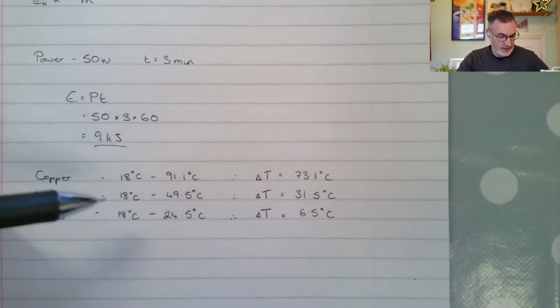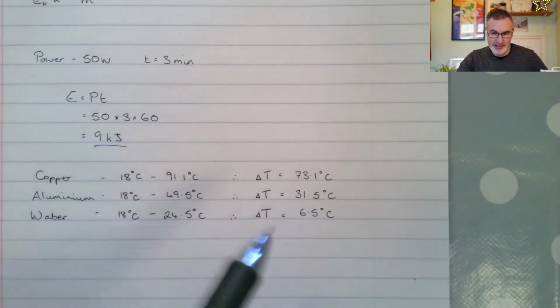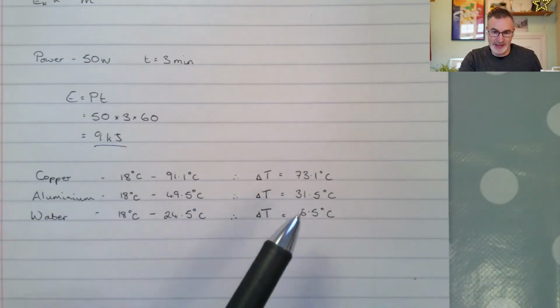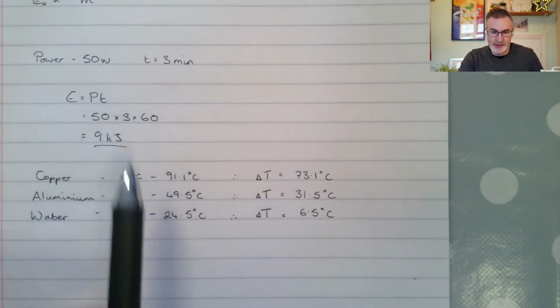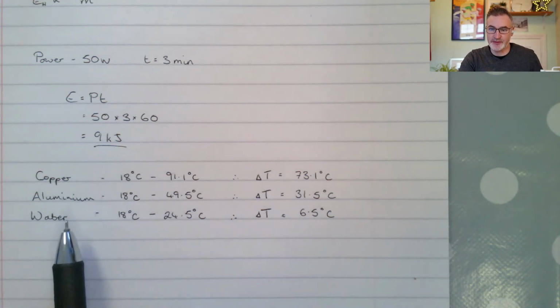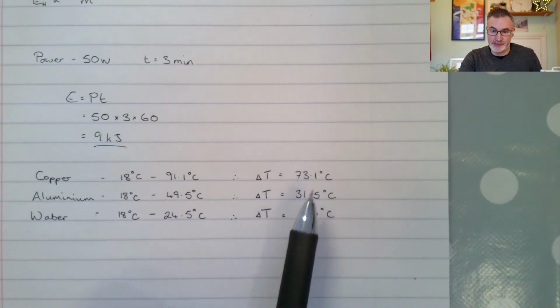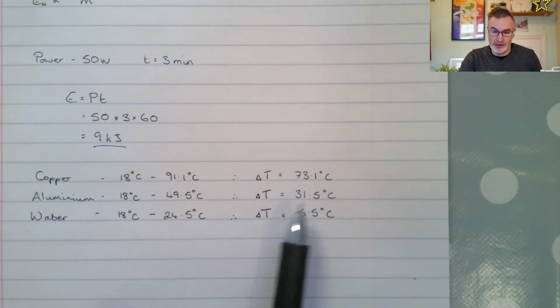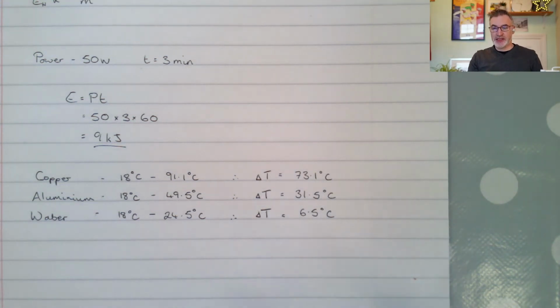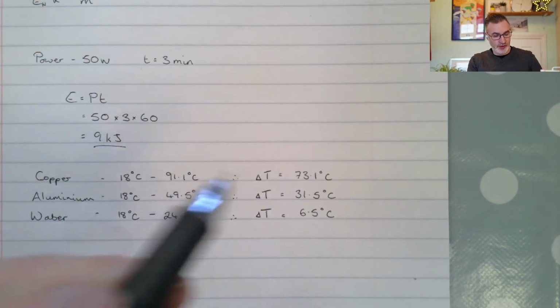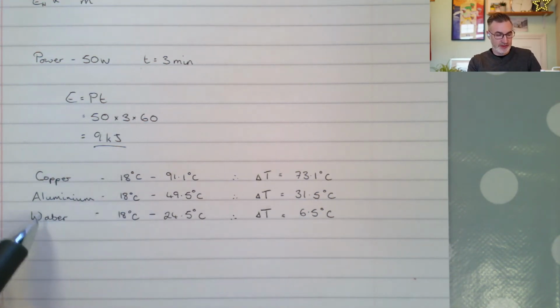So we can see that the change in temperature, the delta T, for supplying 9 kilojoules to each of these materials over a period of 3 minutes, copper has the highest temperature rise and water has the lowest temperature rise. So we could actually work out exactly how much energy it would take to raise the temperature of these materials by 1 degree centigrade.